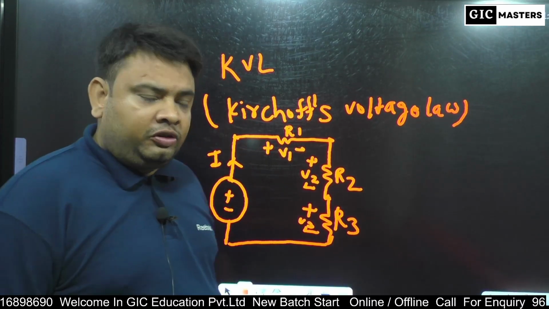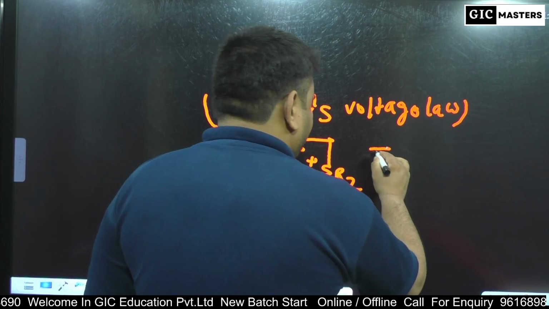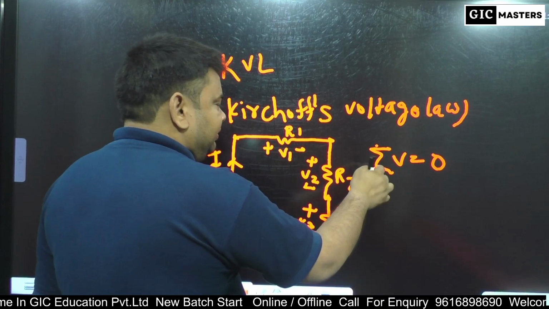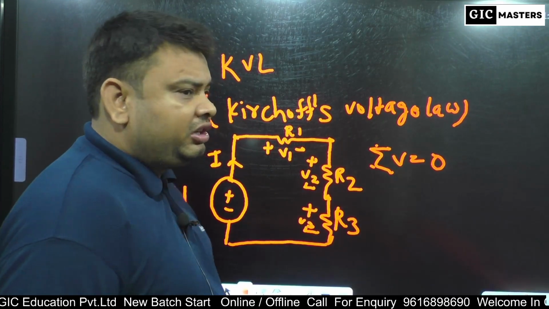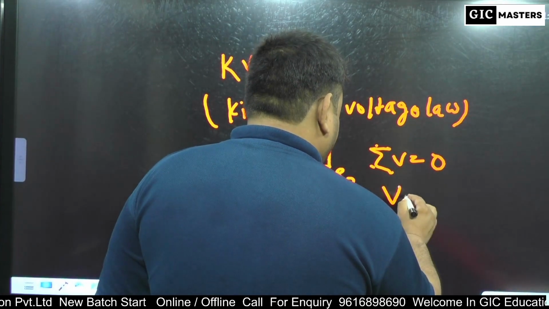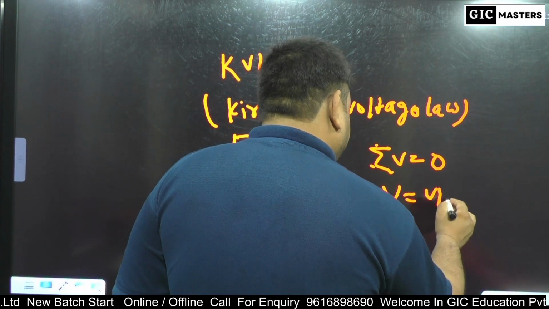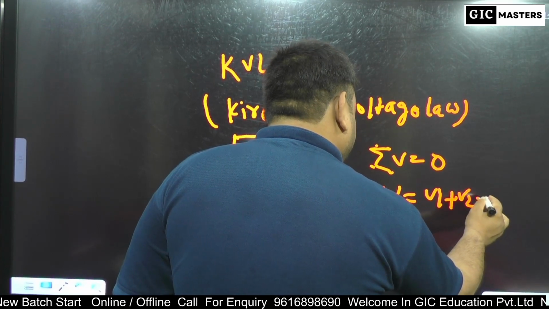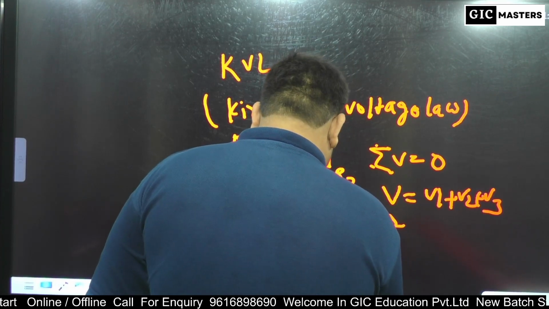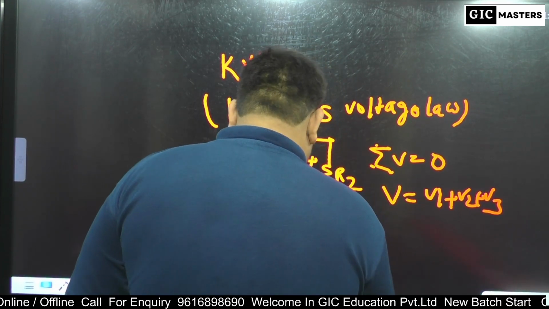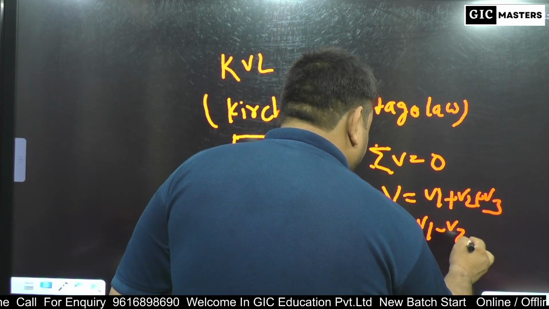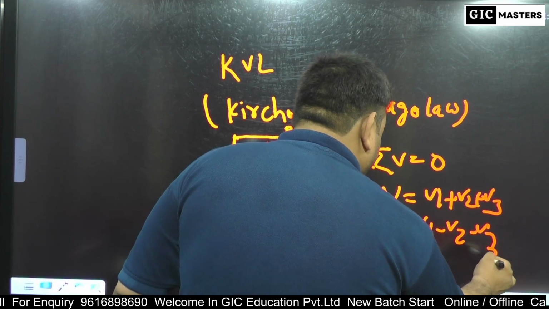According to Kirchhoff's voltage law, the algebraic sum of voltage equals to zero. This represents summation or algebraic sum. So here E equals V1 plus V2 plus V3, so E minus V1 minus V2 minus V3 equals zero.